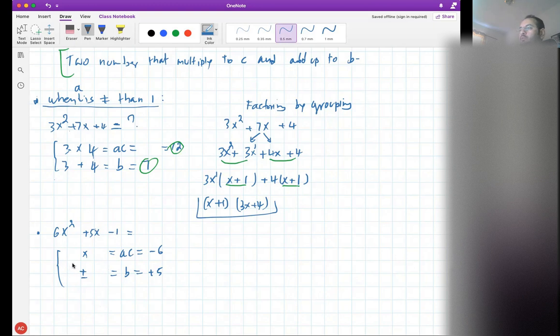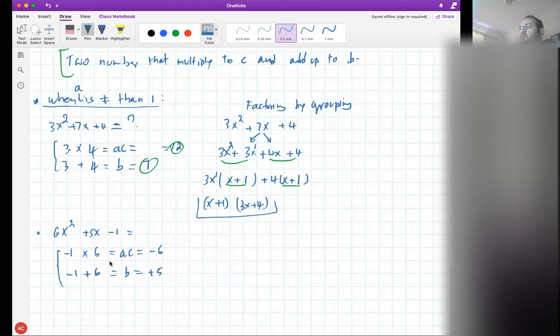-1 and 6. Okay, let's try. -1 times 6 is in fact -6. So the two numbers multiply to AC. And the same numbers must add up to B. If we combine -1 and 6, we get, in fact, +5.